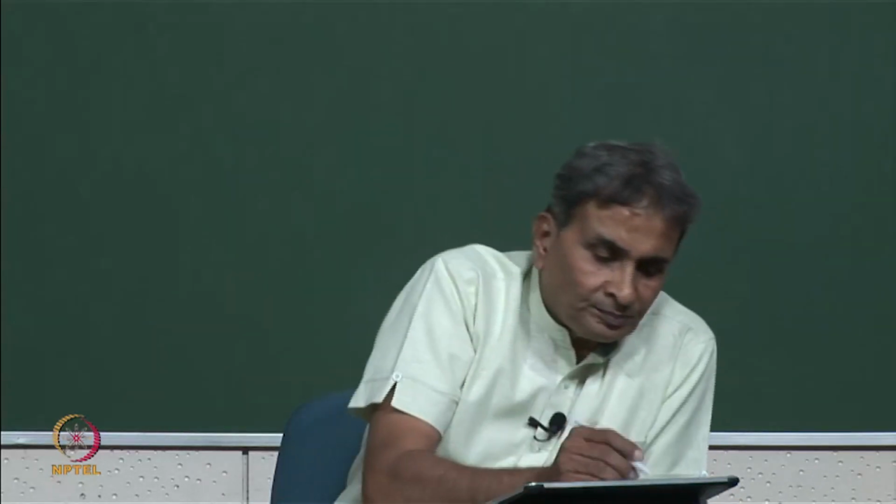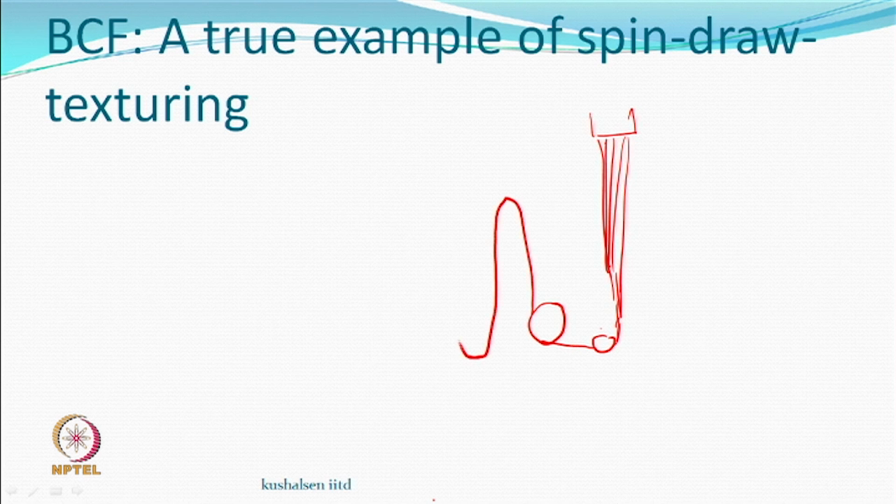For example, suppose you have this spinneret, the filaments are being spun, cooled and collected, and after this you take this whole bundle to a series of godets with differing speeds, so that as it moves from this direction to this direction to this, it keeps on getting drawn.